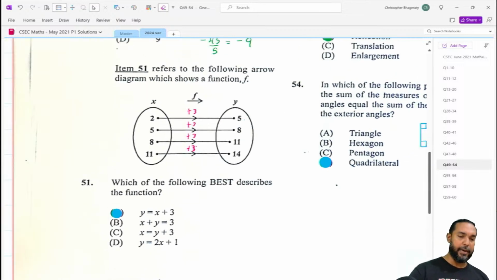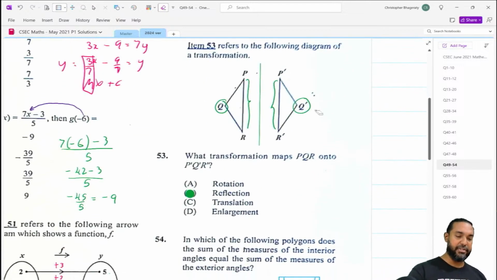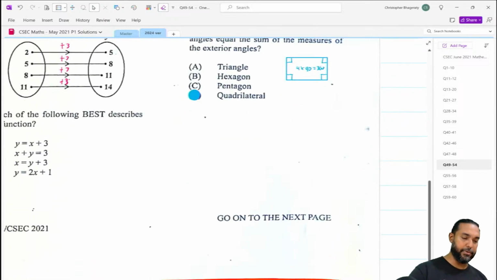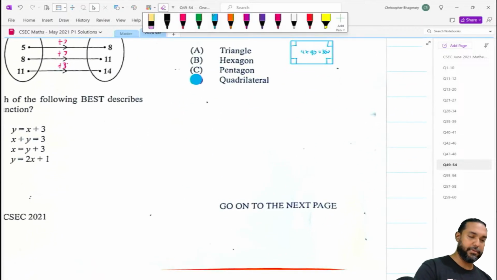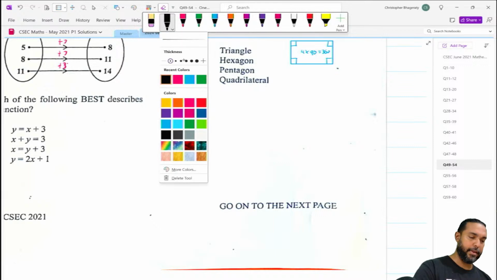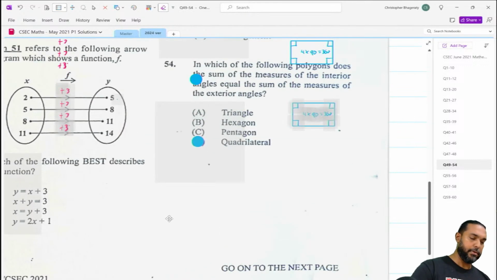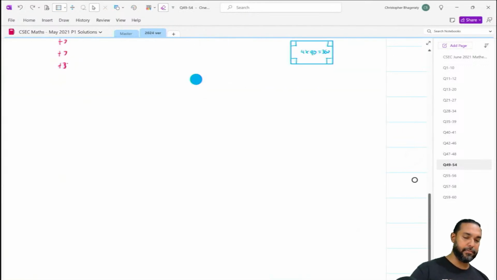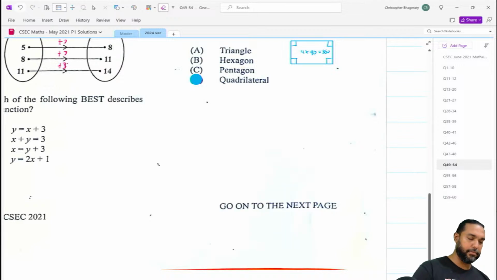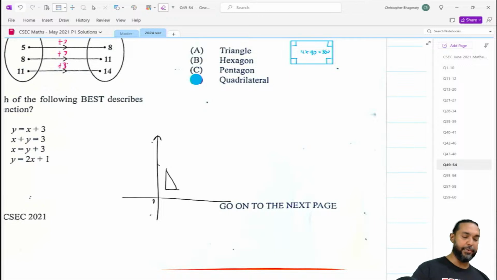Good question. A translation is a shift. So if you had, let's say, a triangle here, and there was a translation, basically what would happen is you would simply shift it.